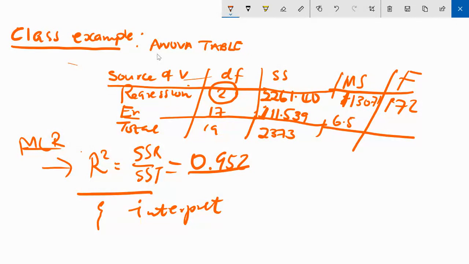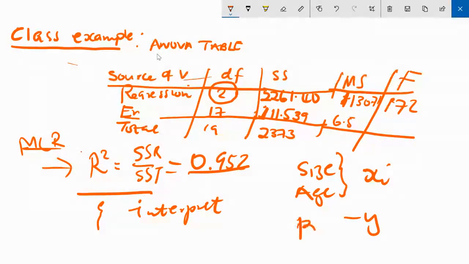So based on that statement, from the class example, your independent variables are size and age. These are the x's, and y is what? Is price.